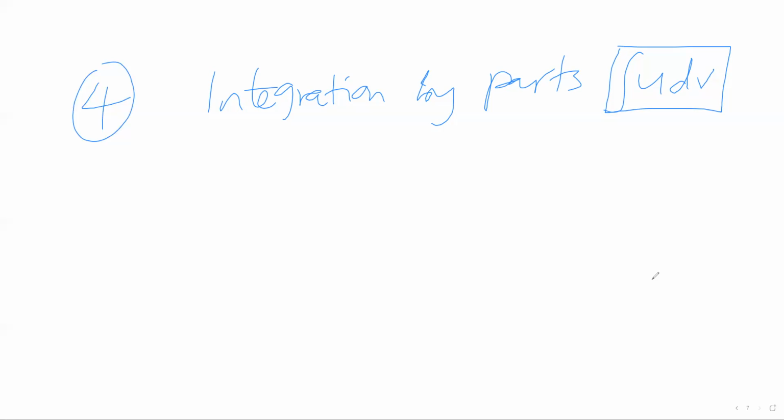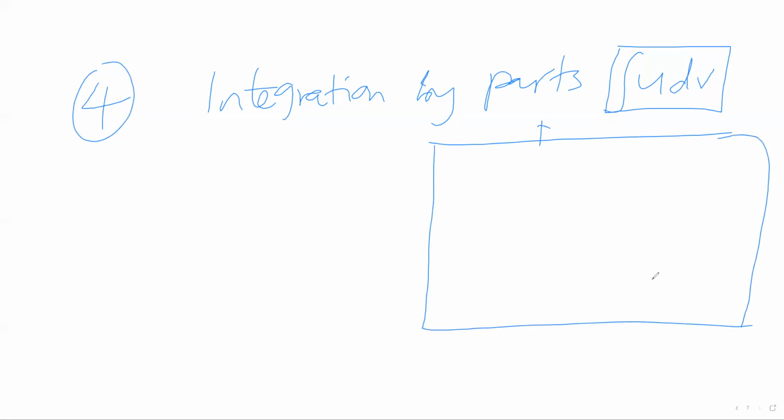Where does this method come from? This method comes from, you remember guys, under differentiation, we had what we call the product rule. Now, with the product rule, if we have functions of this kind, what was the derivative?